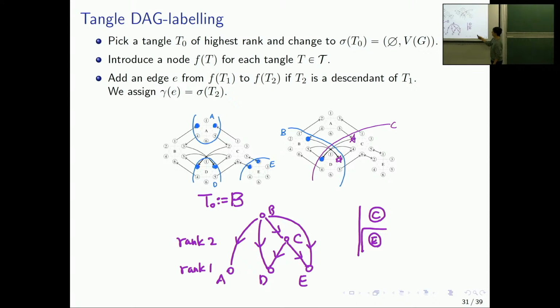You can see this picture where you have these 2 steps, to have rank 1 separations and rank 2 separations. You put the vertices for every tangle, and then we add an edge from C to D if D is a descendant of C. But before doing that, we pick one of the nodes on the highest rank, at the top, and change its sigma to be (empty set, whole set), so that it is adjacent to all the vertices.